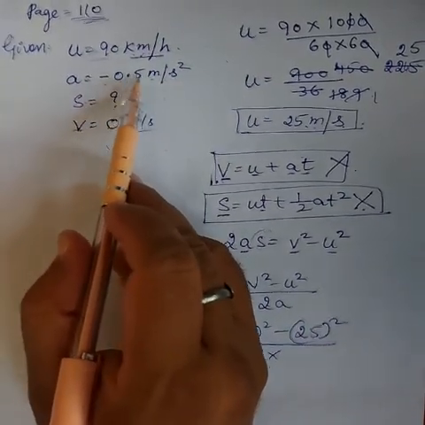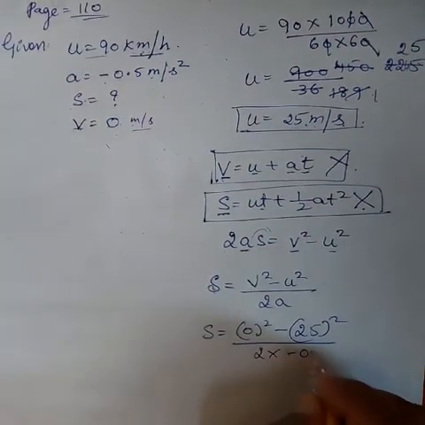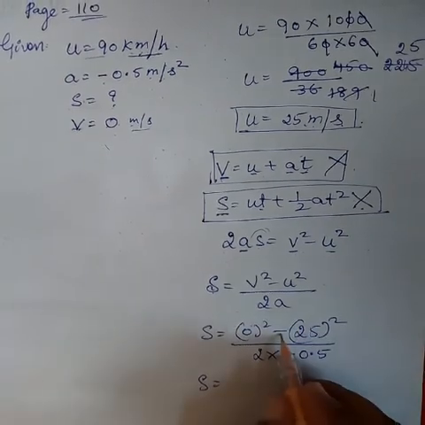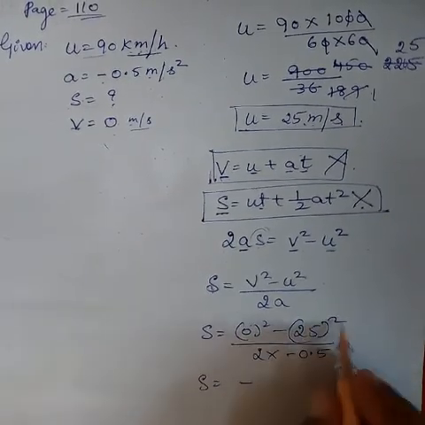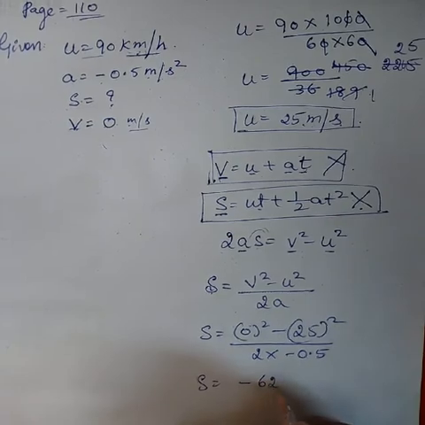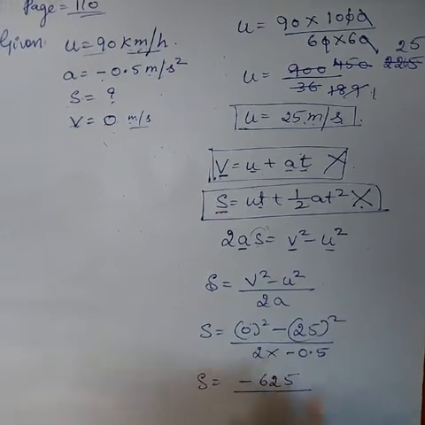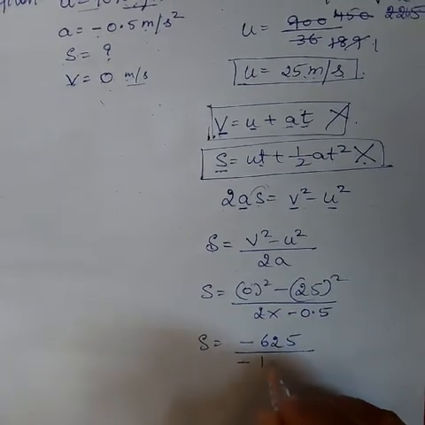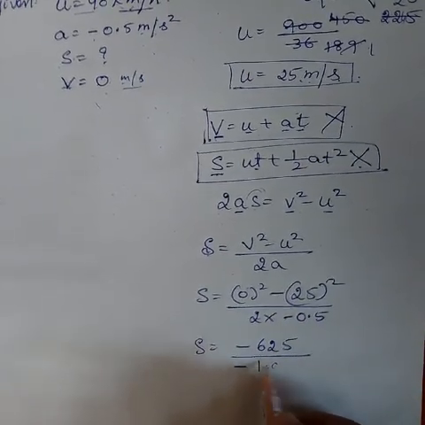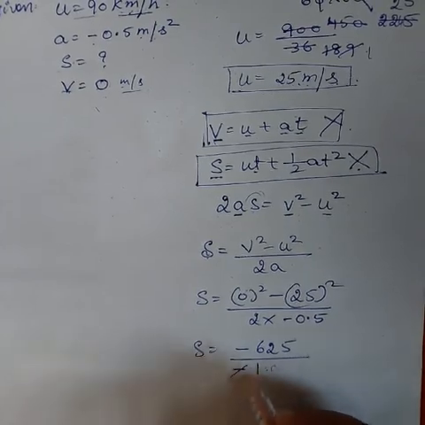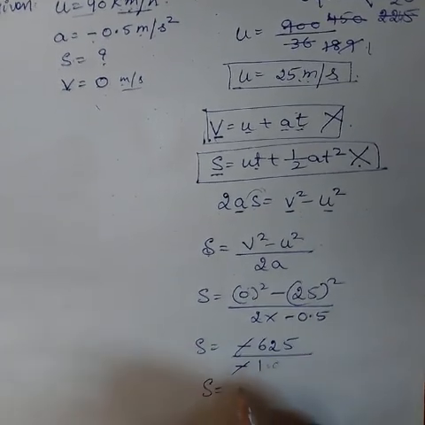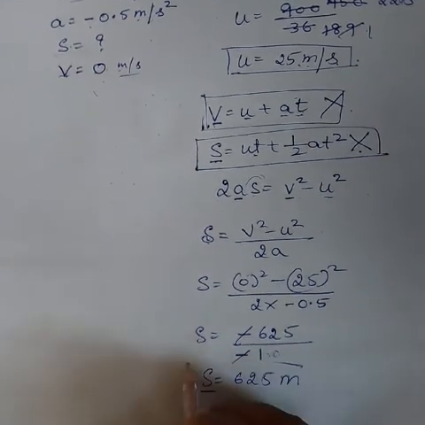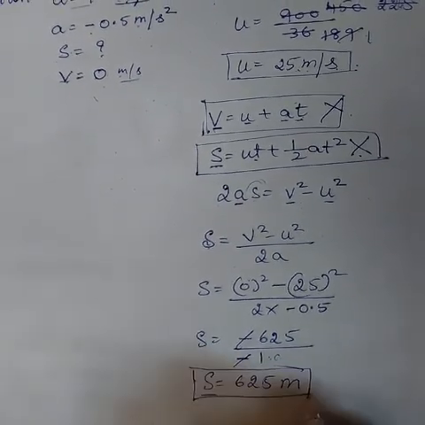Minus 0.5 meter per second square. So s is equal to 0 square means 0 minus 25 square means 625, divided by minus 2 into 0.5, that is minus 1.0. So minus minus get cancelled. The answer is 625. What is the SI unit of distance? Meter.